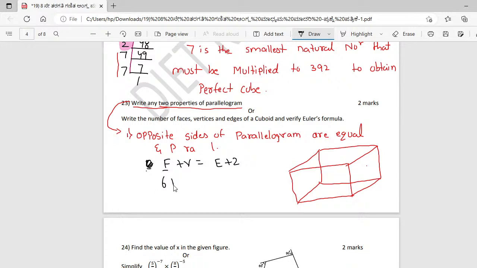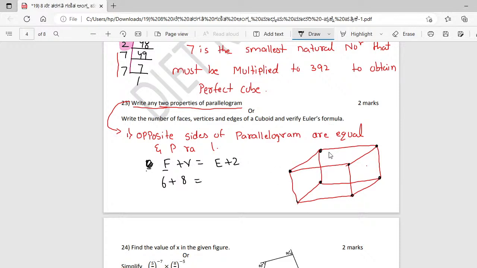Vertices are the points where lines meet. 1, 2, 3, 4, 5, 6, 7, 8. So there are 8 vertices. Now the edges. Edges are nothing but lines.